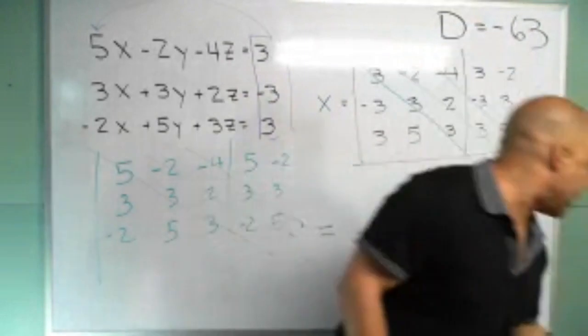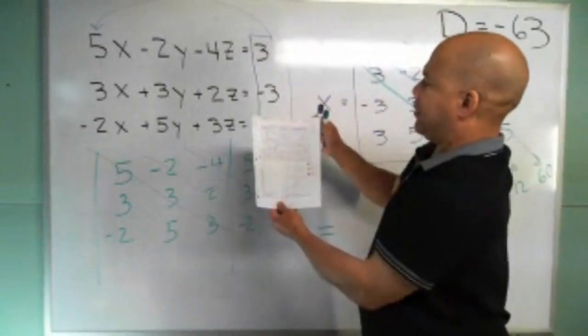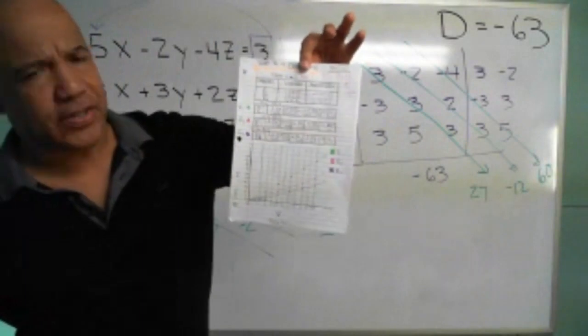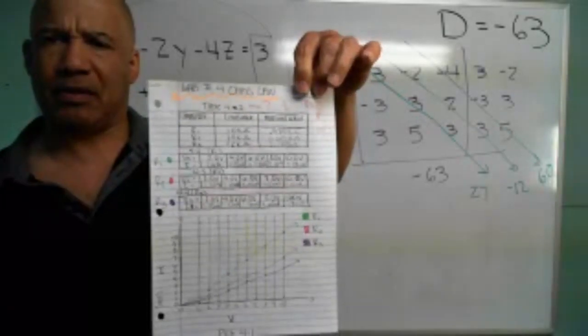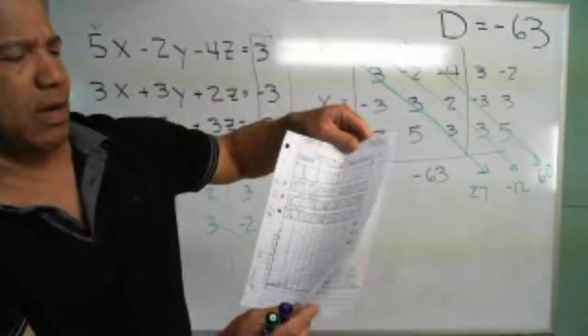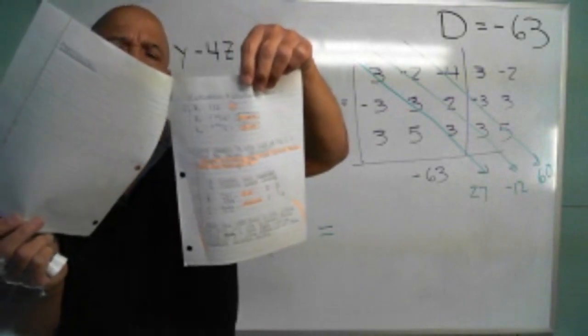Hey guys, before we go on, I got a paper with no name on it. I don't know if you can see this or not. Let me try to hold it up to the camera. Somebody identify this. Yeah, it's lab 4. I want to know whose it is though, because there's no name on it. Somebody did a nice job coloring. Here's the second page. I know what it is, but I don't know who to give the grade to.